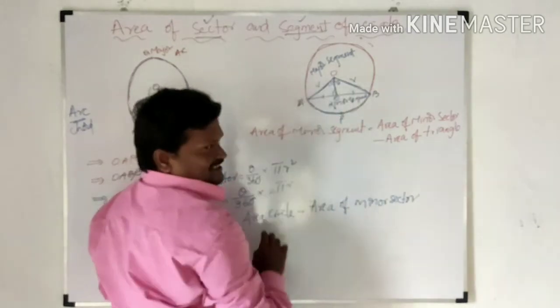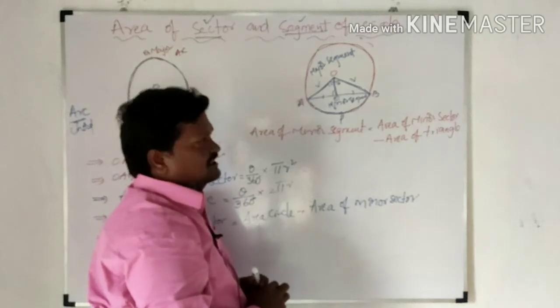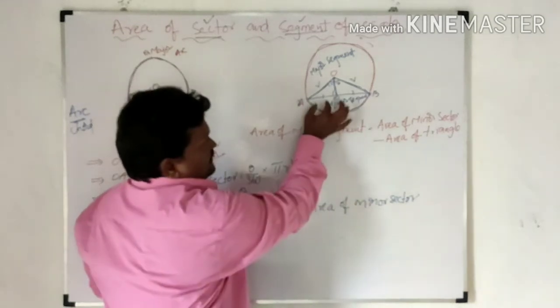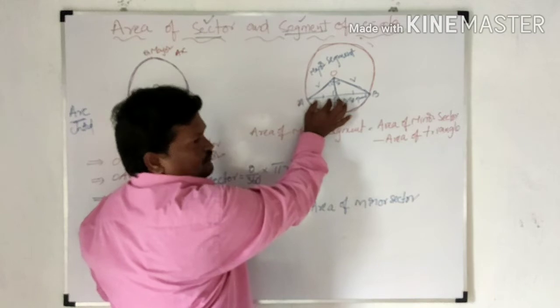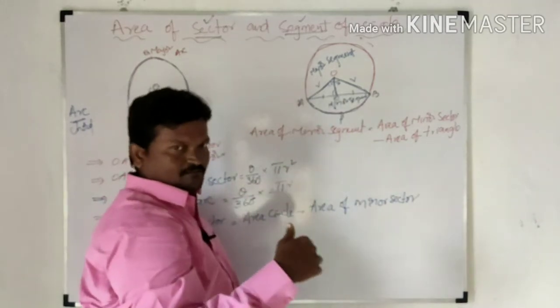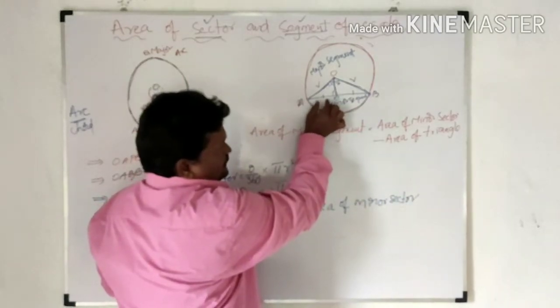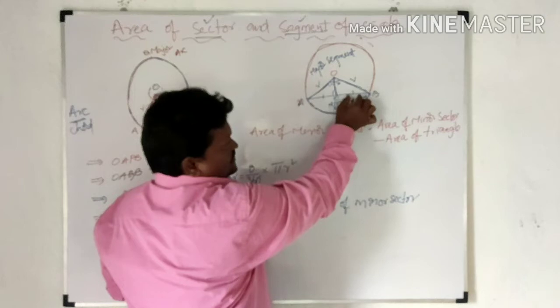After taking the perpendicular bisector of angle O, we can find AC by taking trigonometric ratios, either sine or cos, sometimes tan. So by taking sine, simply we can get AC.